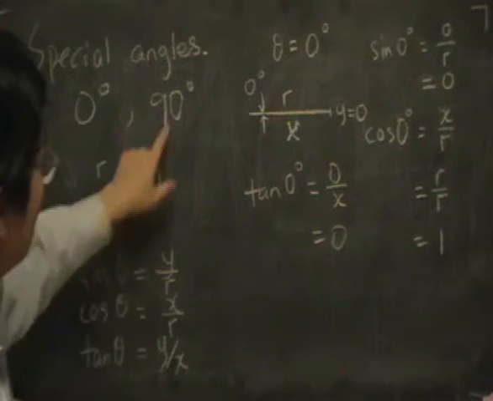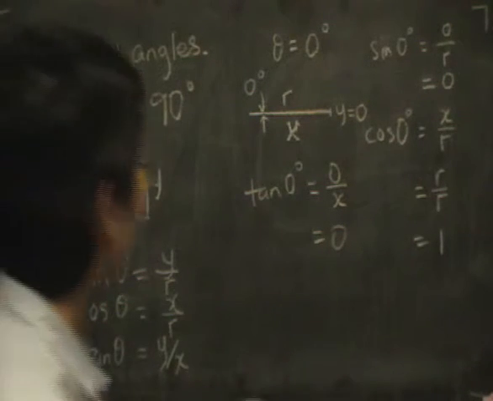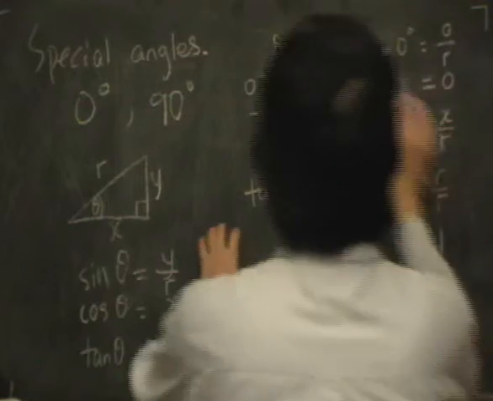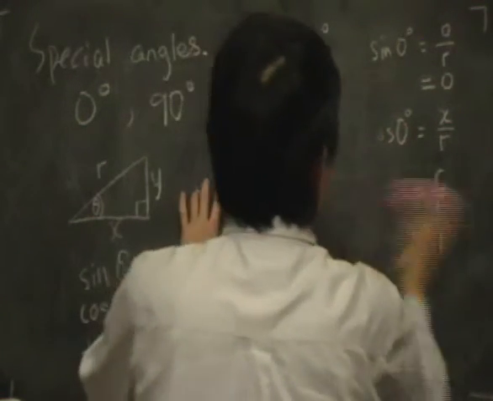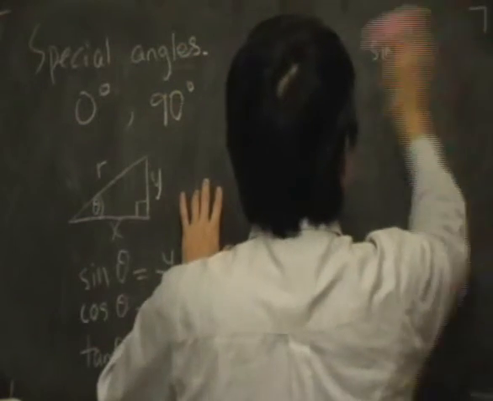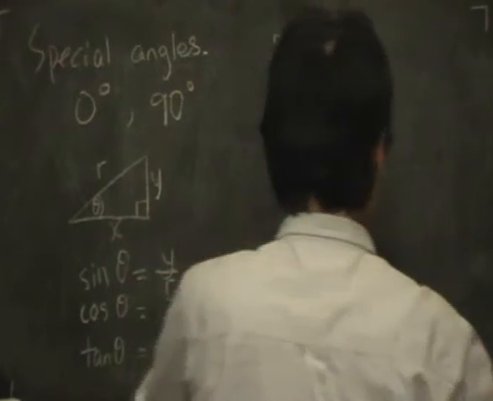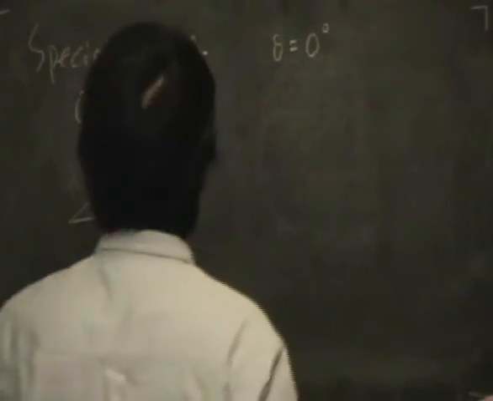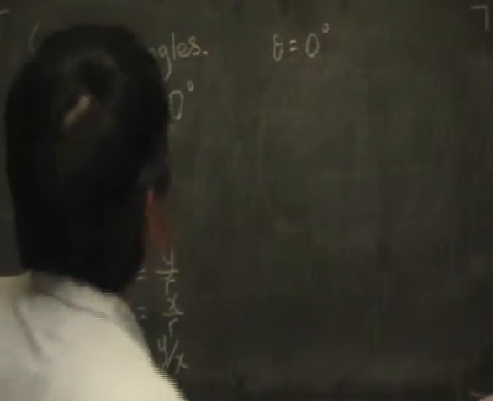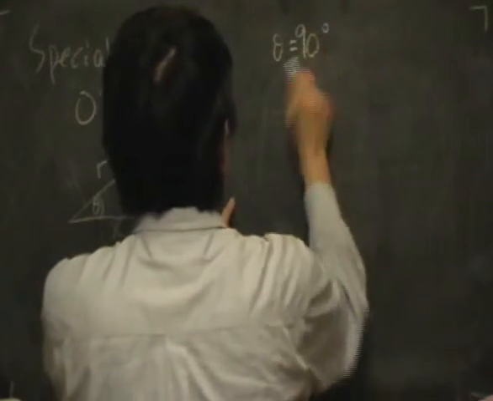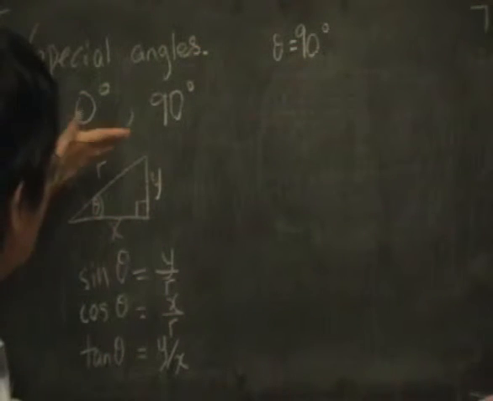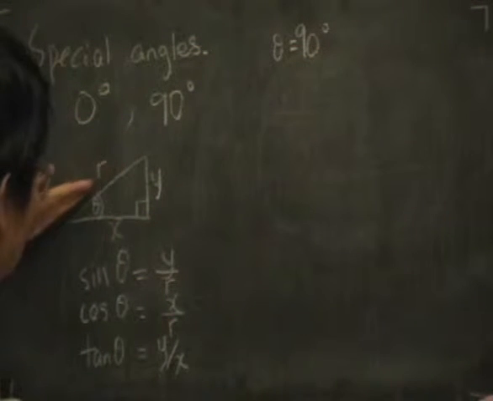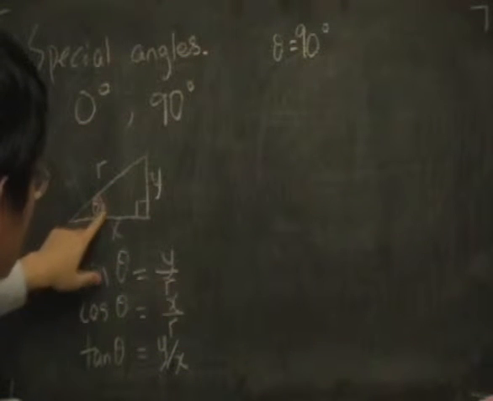Now let's look at 90 degrees. When the angle is 90 degrees, that's the triangle and that's the angle.